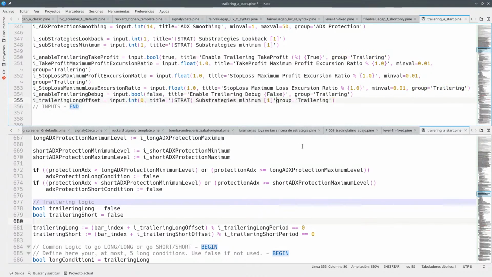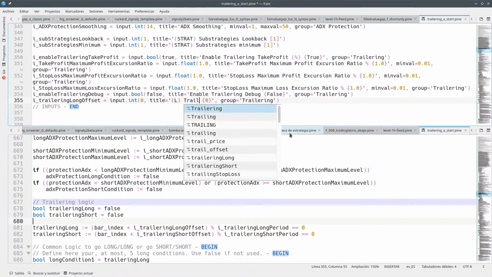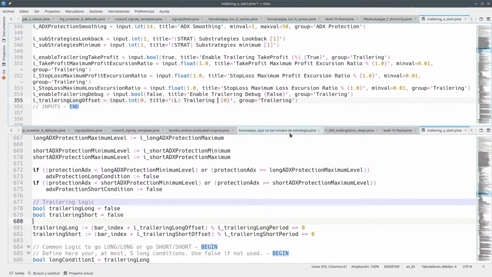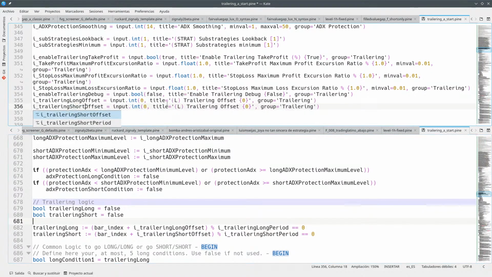So group trailering, and this should be 0, and this should be trailering offset. Okay, so trailering short offset. This is short.